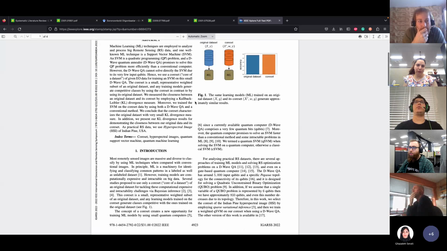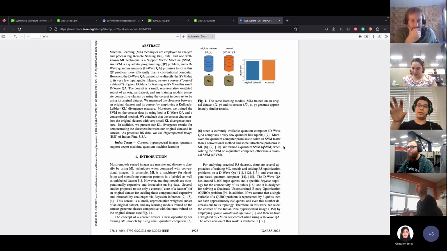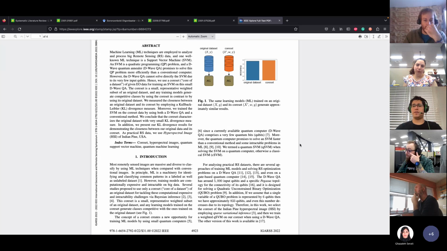Also here they use the SVM, this machine learning algorithm, and apparently there are some places inside the SVM algorithm, support vector machine, that you can do with a quantum computer. At some point in the SVM, you have to invert a matrix or get some values from a matrix, like eigenvalues or eigenvectors.